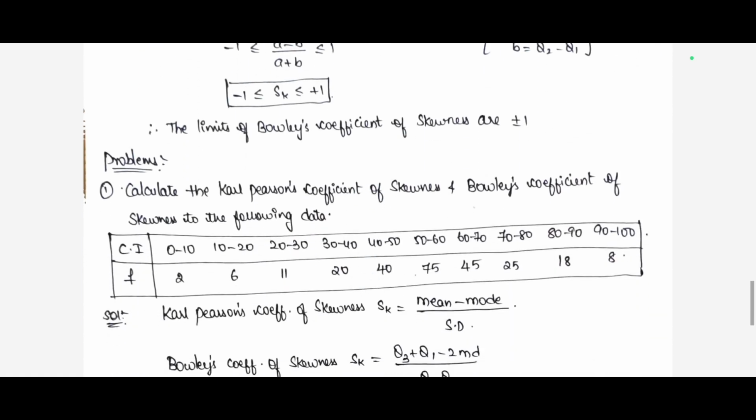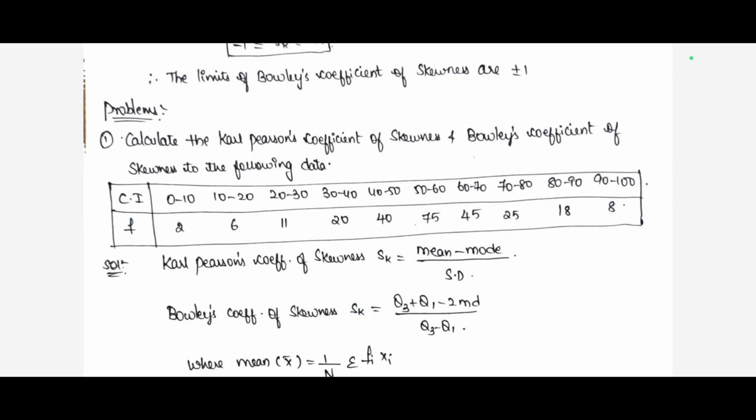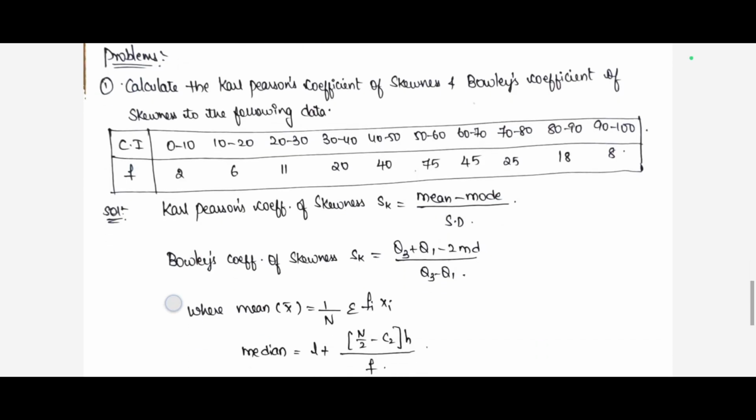Next, one more example problem: calculate the Karl Pearson coefficient of skewness and also the Pauli coefficient of skewness for the following data. Here they have given the class intervals and the frequency data. From that we have to calculate the mean, mode and the standard deviation.